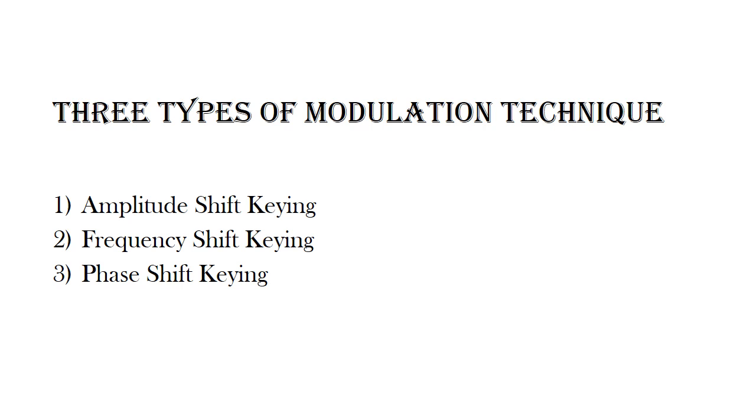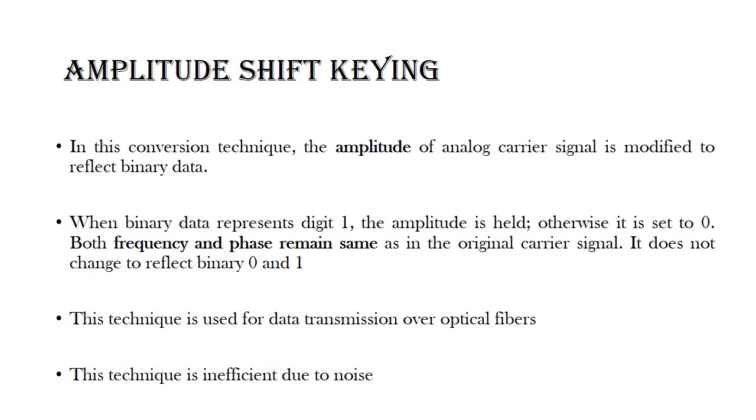Now let us discuss all these three types of modulation techniques in detail. So next one is amplitude shift keying. As its name suggests, in this conversion technique, analog signals are modified by the amplitude to reflect the binary data.